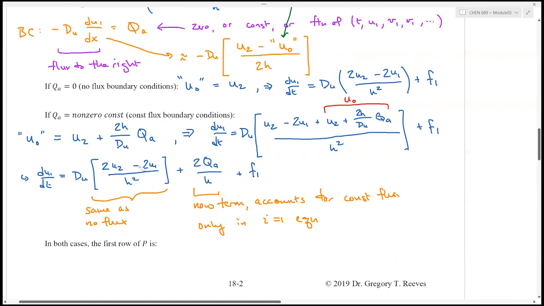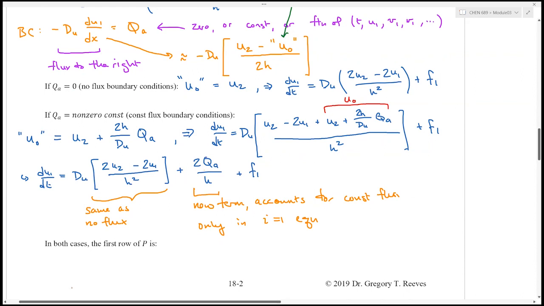Compare what's in the square brackets here to the analogous set of terms. Well, I didn't draw square brackets in this equation, but the round parentheses here, it's the same set of terms, right? And so when you have a constant flux, you get the same row for this transport matrix, but you get this extra term here in the equation.